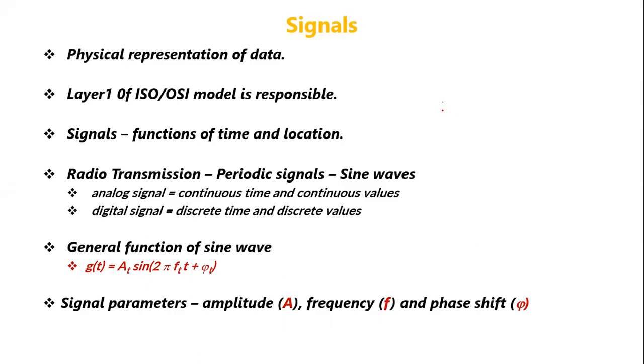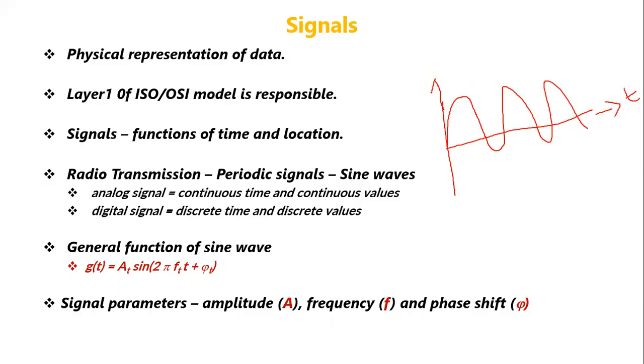So if you take a typical analog signal, a sine wave, it will look like this. The x-axis is time and the y-axis is amplitude.